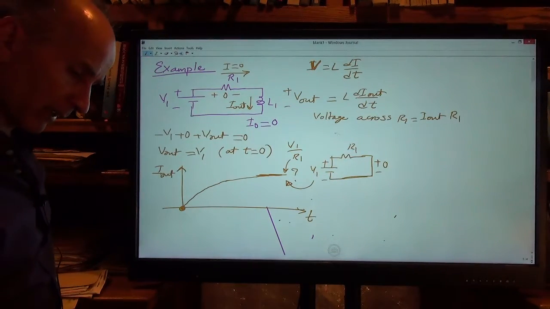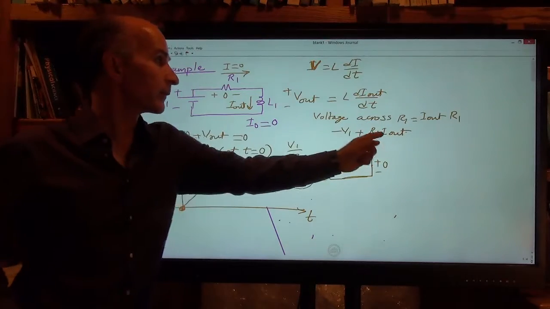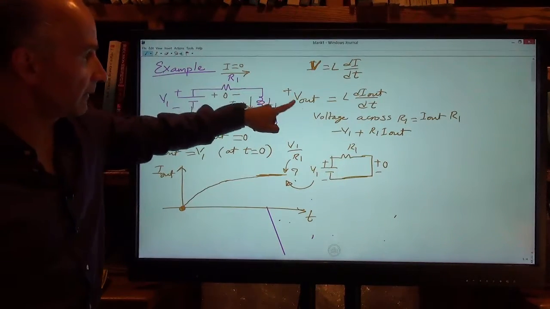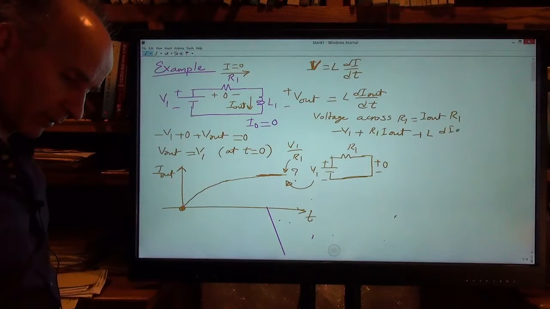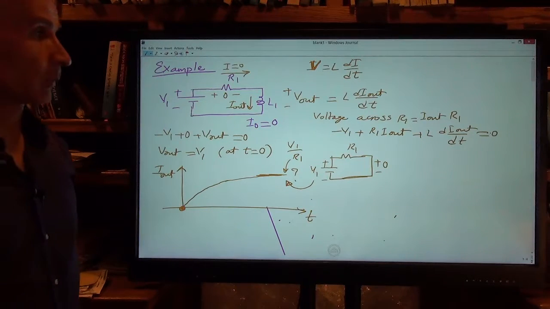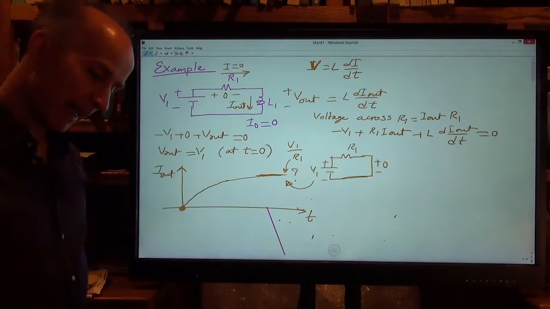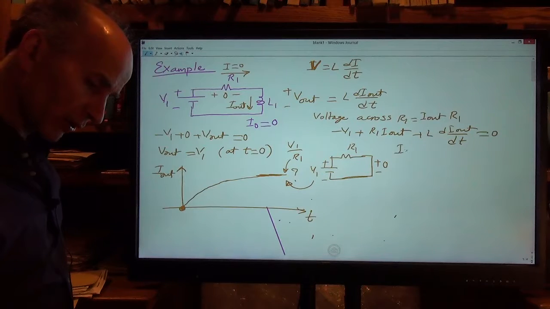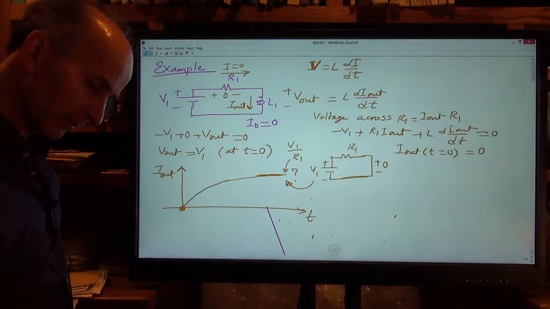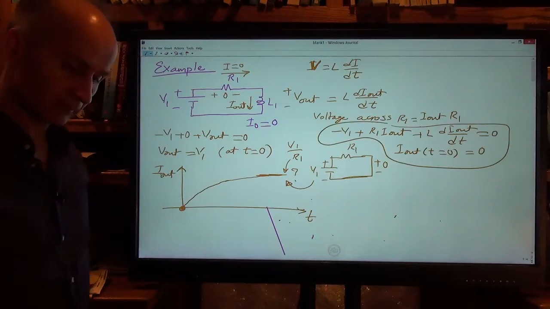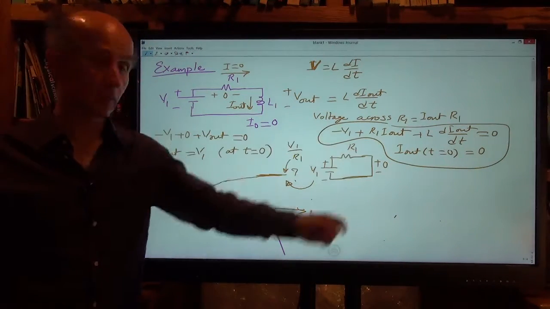So I will write minus V1 plus R1 I out, and then going this way, that's V out, and that's L di out over dt. This has to be 0. So we have a simple differential equation, with an initial condition of 0. So we just have to solve that differential equation and see what we get.